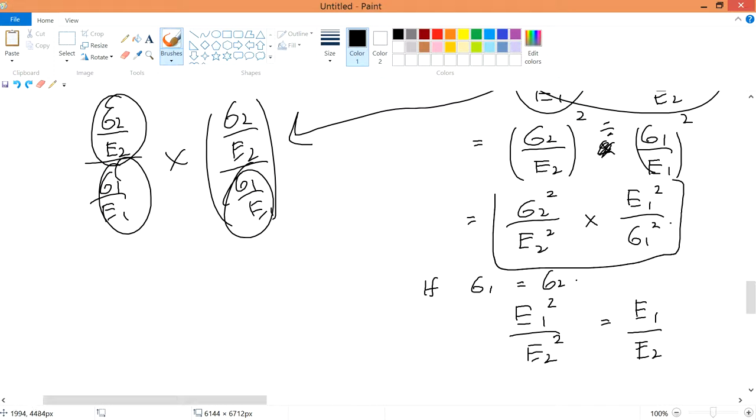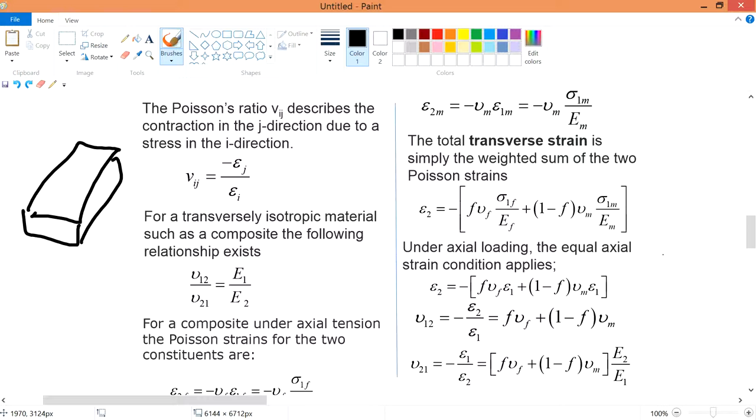Next, if I let sigma 1 and sigma 2 equal each other, then I can cancel them out. Then what I will have is E1 squared divided by E2 squared. And for some reason the square is removed, and this is why I have E1 over E2. And this is the Poisson ratio system.